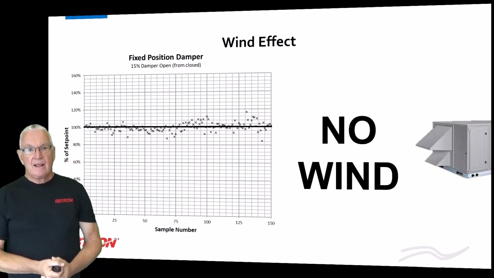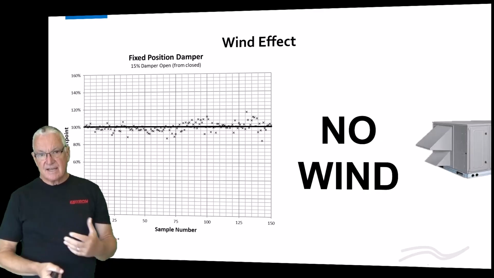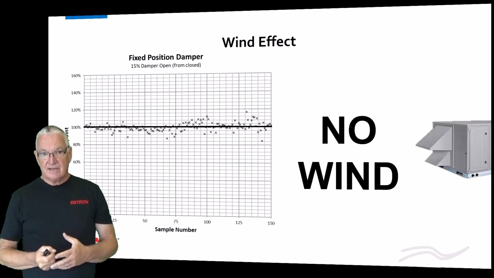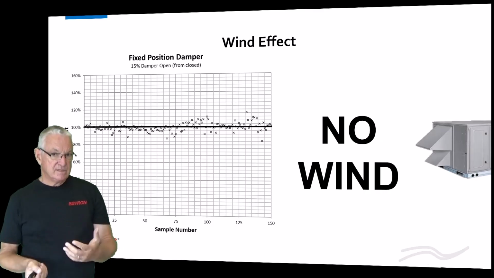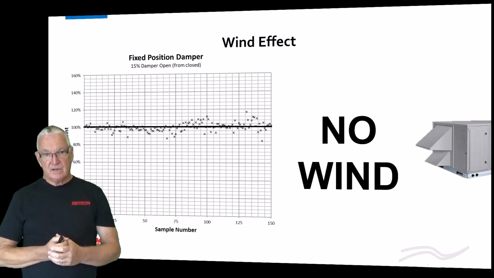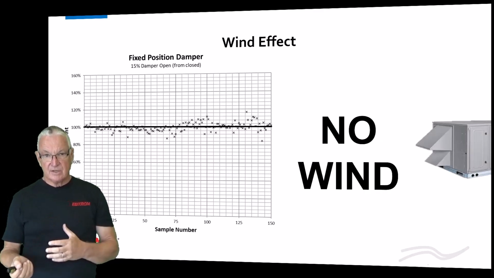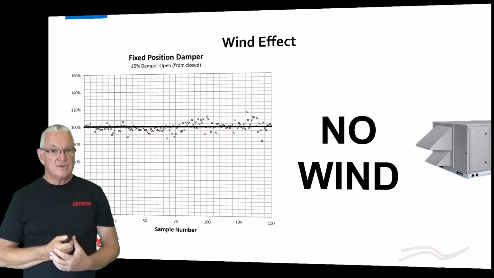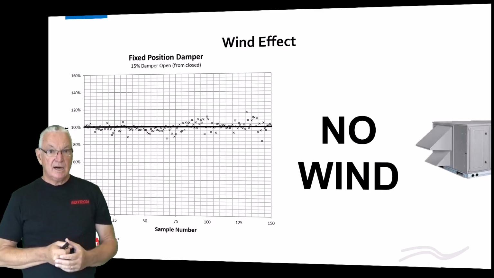The scatter in the data is what you'll see on an outside air intake, a little bit of turbulence, because this is close-coupled to the outside air intake. It's a little bit of turbulence because of the proximity of the louver and the damper, but it's also small changes in wind speed and direction.